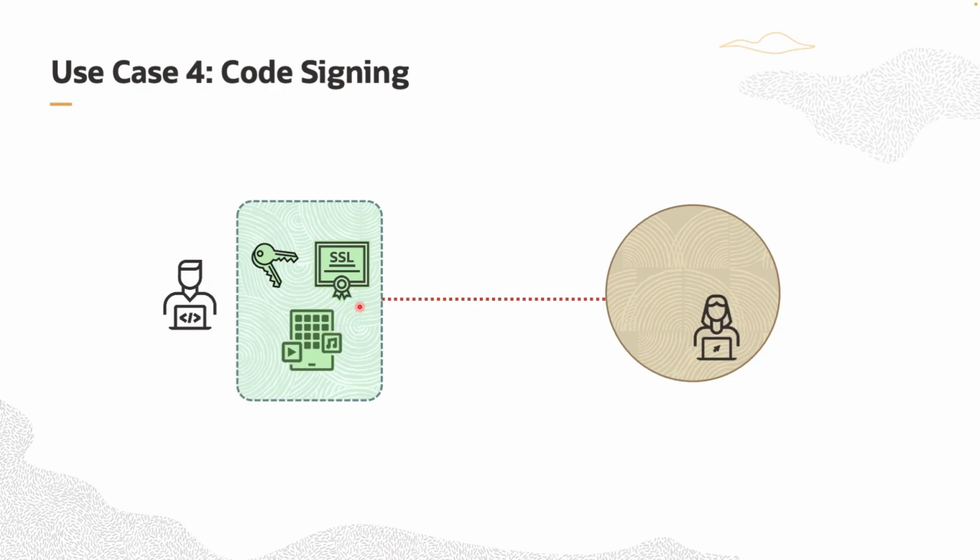Then the client will be able to verify the certificate's authenticity and use the keys to verify hash values. This ensures that the application has not been tampered with during distribution and prevents unauthorized modification or malware being injected in your software, providing an added layer of security for your applications.